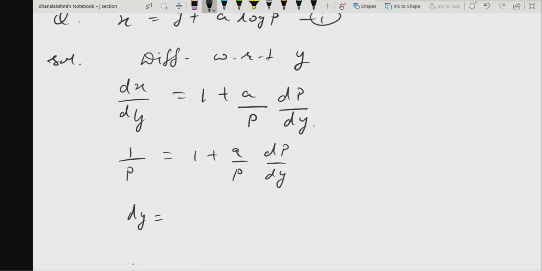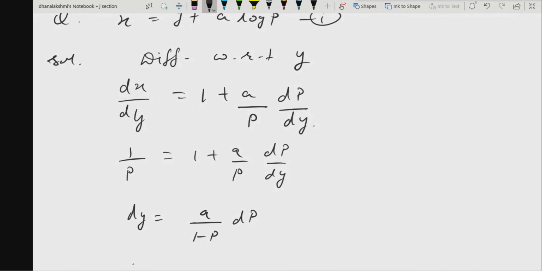What is dy? a by 1 minus p dp. So in variable separable form, therefore you can integrate now. Integrate and tell me the result.